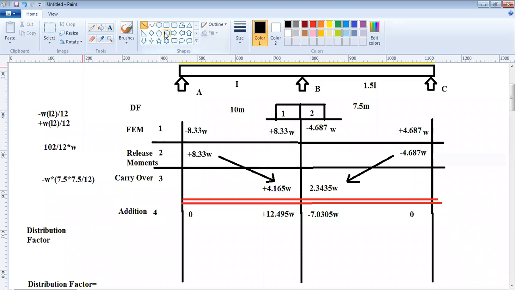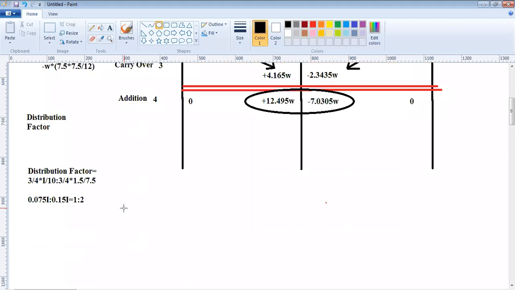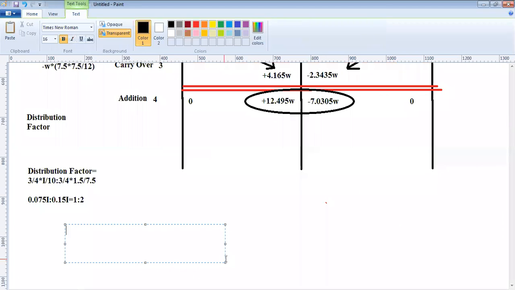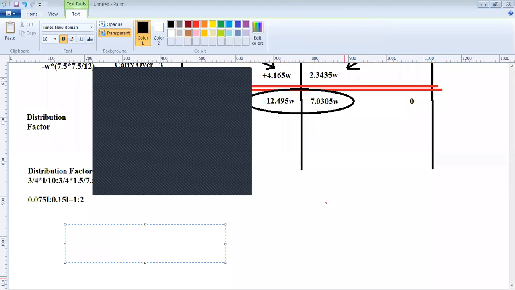Now, how do I distribute this total load? This is our total load, this is our total moment at support B. How much is that? Can you calculate how much is the total moment at support B? 12.495 minus 7.0305, which is 5.4645.